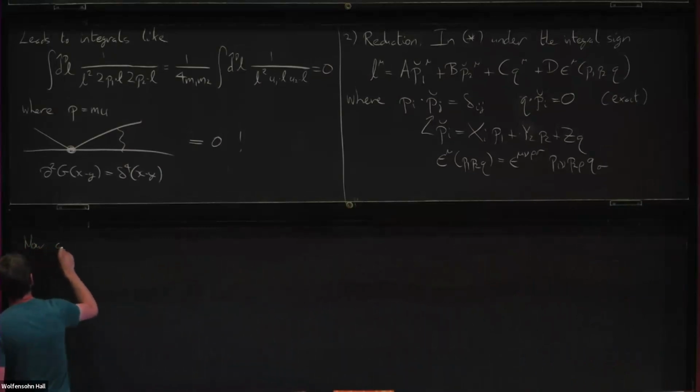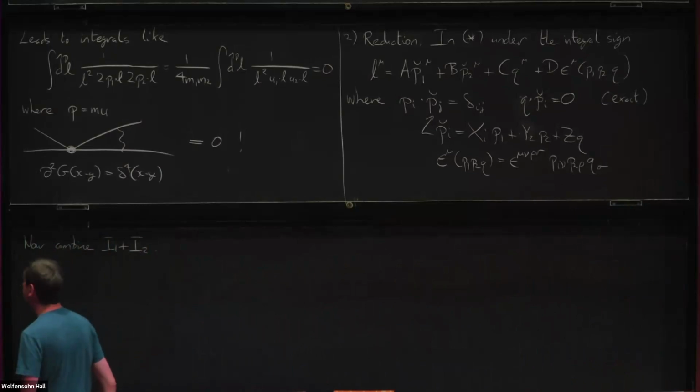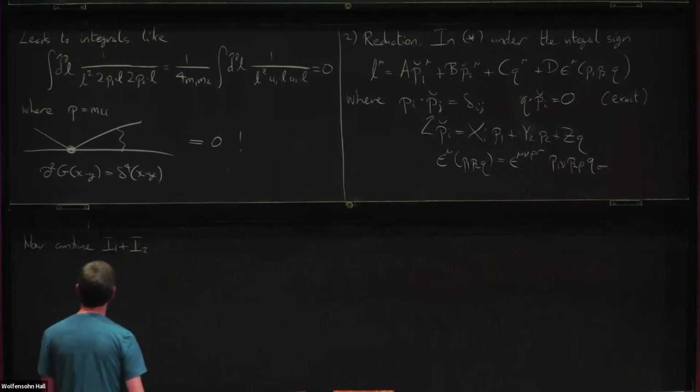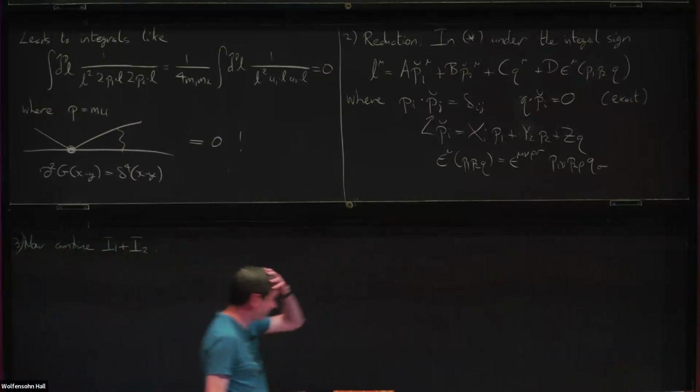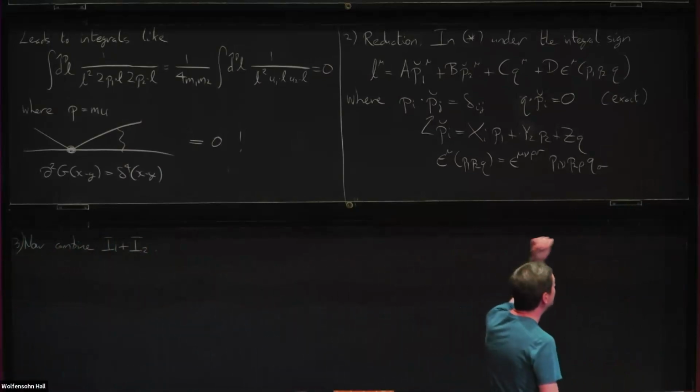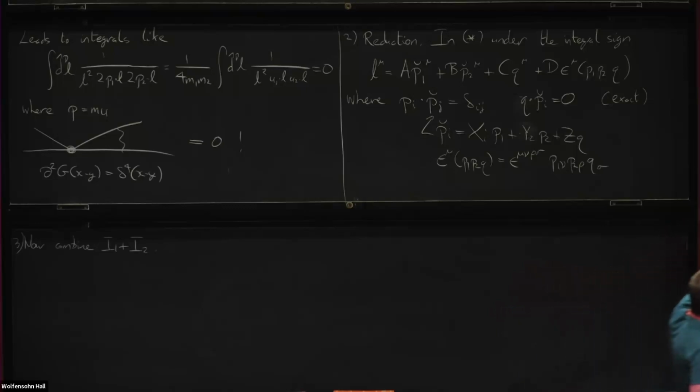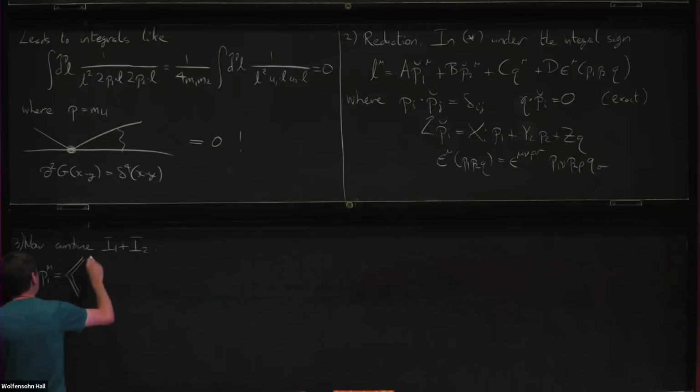So I will now combine, well, this is step 3. Okay, so we have the I1 here. And so let's write delta P1 mu in terms of these angle brackets.